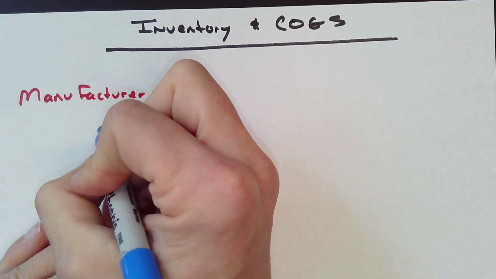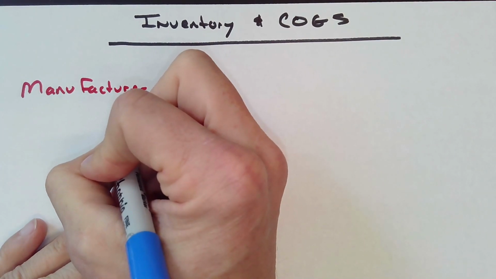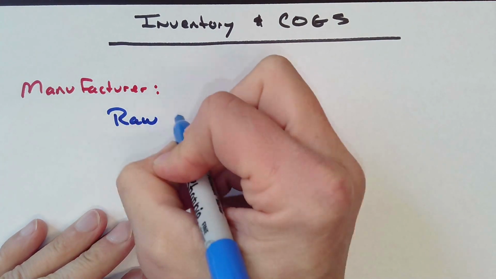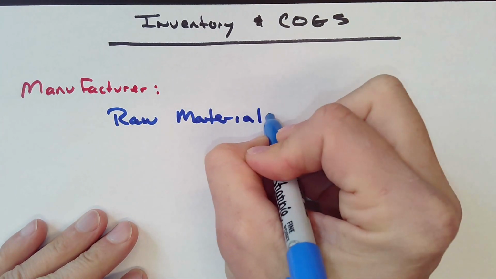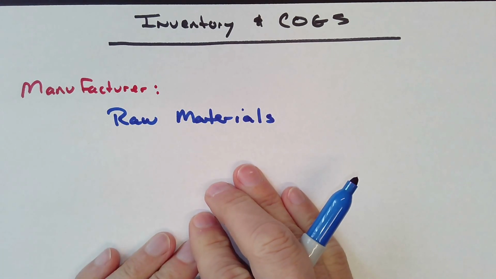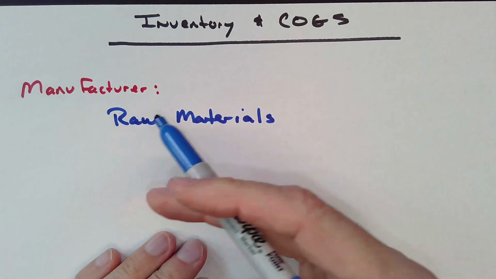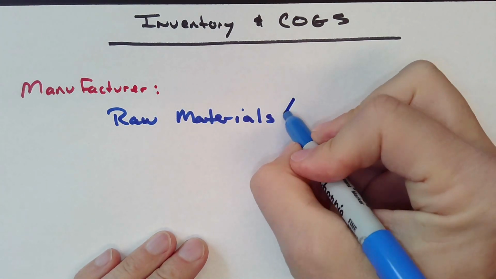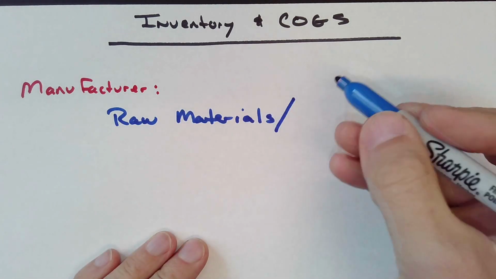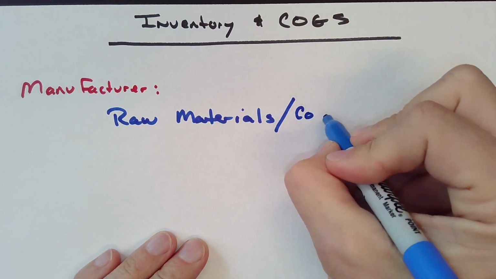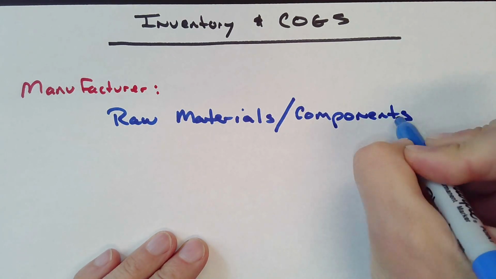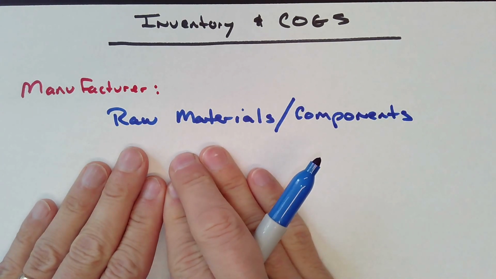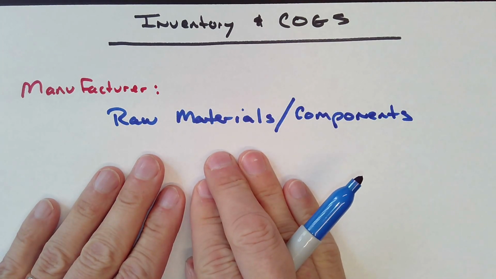So we'll accumulate some raw materials, and if we are constructing something, maybe we buy preformed components from another vendor, so raw materials or different components. Those costs go into the construction of the inventory.